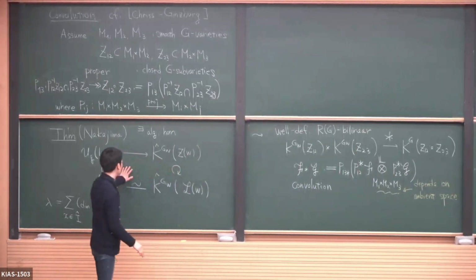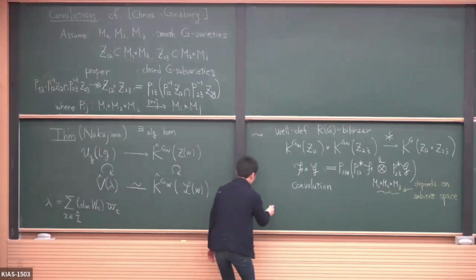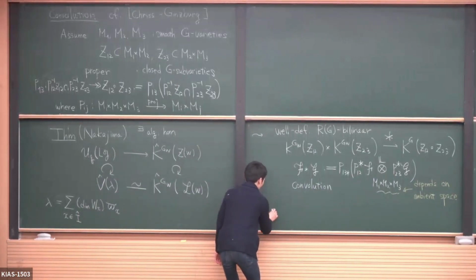And so in our example here, we considered this Nakajima's graded quiver variety.